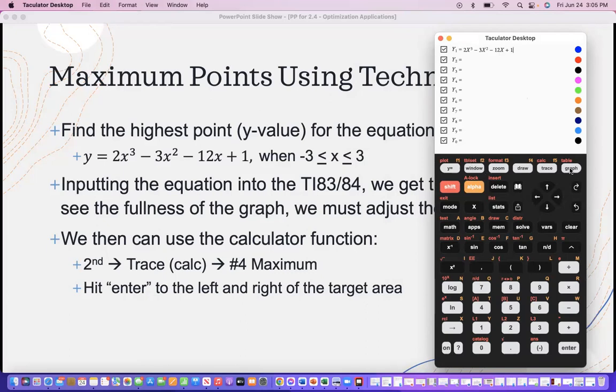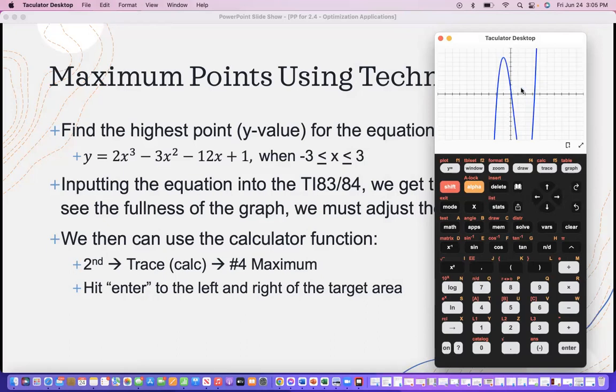When I graph this, I'm simply graphing a standard window, -10 to 10, -10 to 10. If we want to hone in a little more, we could adjust our window. We'd need to go a little further down on the y-axis, and we could hone in more on the x-axis since we're only wanting to find it from -3 to +3.